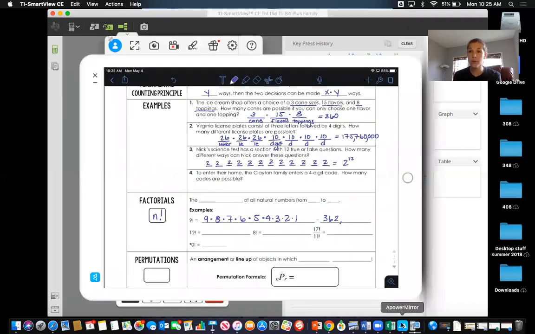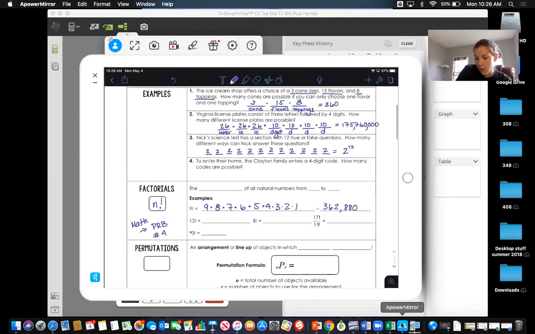Go back to notes. And there's your factorial. So you're going to hit your math button. You're going to scroll over to your probability menu. Depending on your calculator, it'll say PRB or maybe PROB, but your probability menu. And then this is choice number 4. And there is a definition on factorial that I do want to give you. By definition, 0 factorial is always going to be equal to 1.